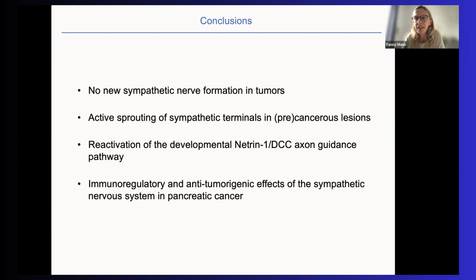And this nervous system, instead of being associated with blood vessels and participating in vascular tone, is not associated with blood vessels in the lesions and might have another function, which might be an immune regulatory function that is important to mediate its antitumorigenic effect during the development of pancreatic cancer.